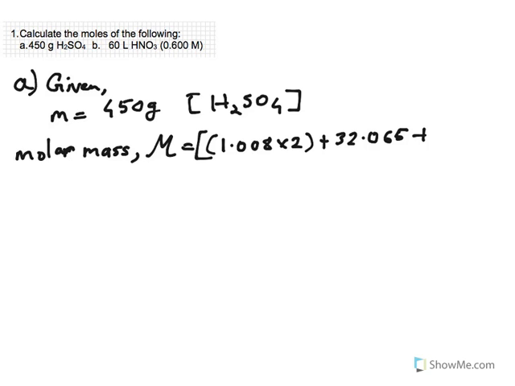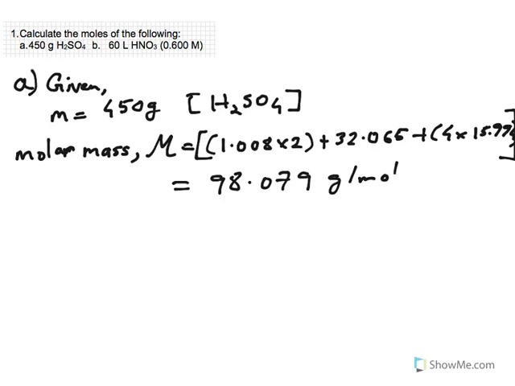And we have 4 oxygens, so we'll have 4 times 15.994. This will give us a total of 98.079 grams per mole.